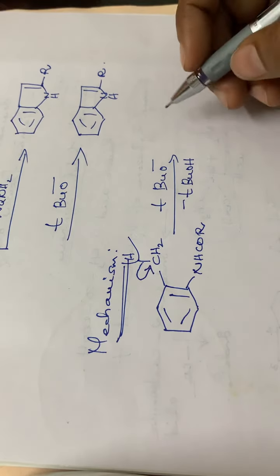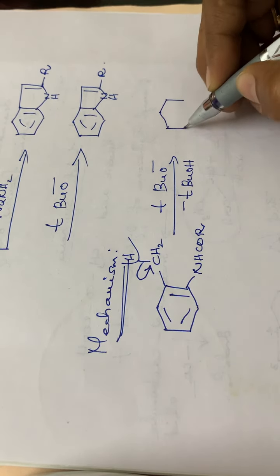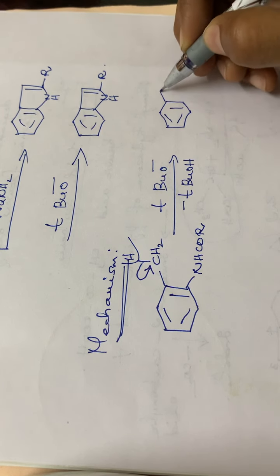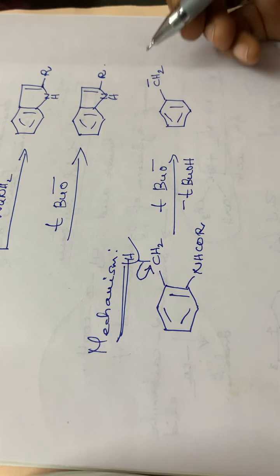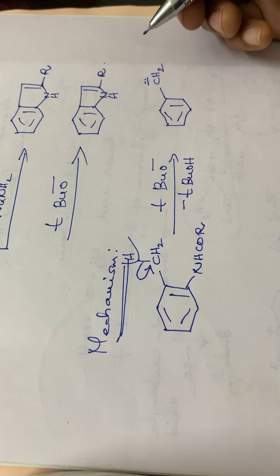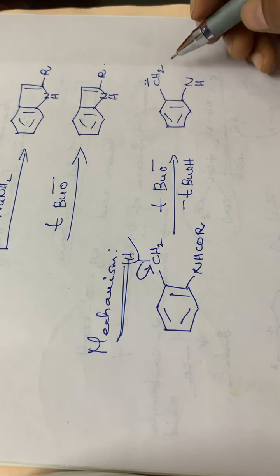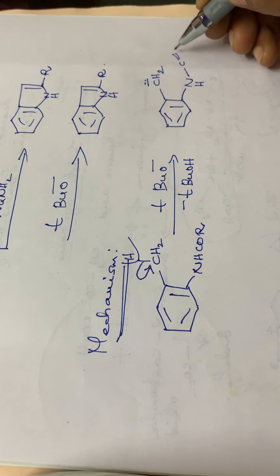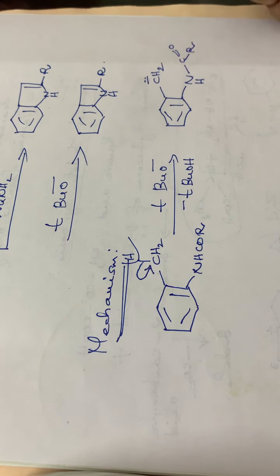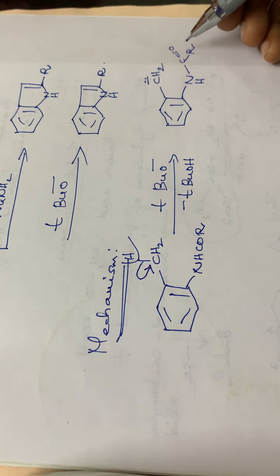So we can write that reaction, the 6-membered ring. Here this CH2 gets a negative charge with an electron pair. Then the remaining portion, that is NH, then C double bond O, then R, NHCOR.